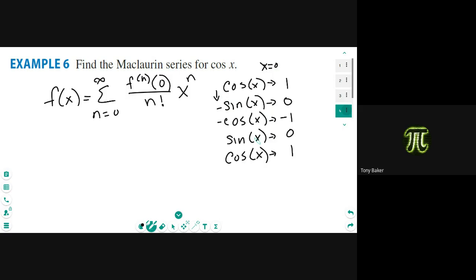So, and if I did it again, I get 0 and then negative 1. So, do we have a pattern form? I'm like, wait, yes, we do. You could figure this out to whenever I feel like telling you to stop. All right, what's the pattern?